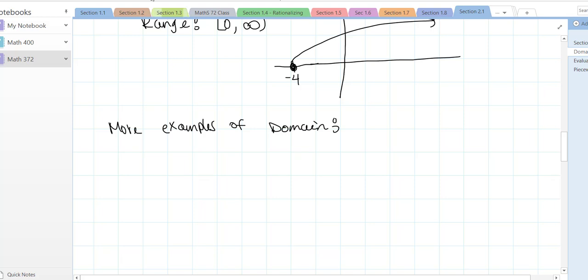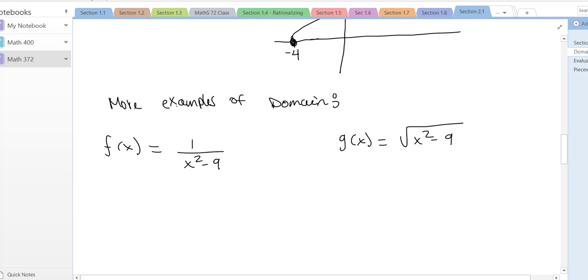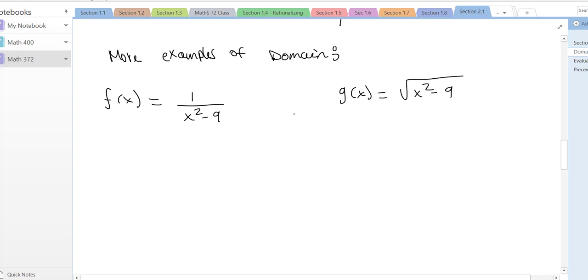So say I want to find the domain of f of x equal to 1 over x squared minus 9. We're going to do that one, and we're going to do g of x equals the square root of x squared minus 9. So how do we find the domain? As we talked about earlier, when you have denominators, you can't have 0.